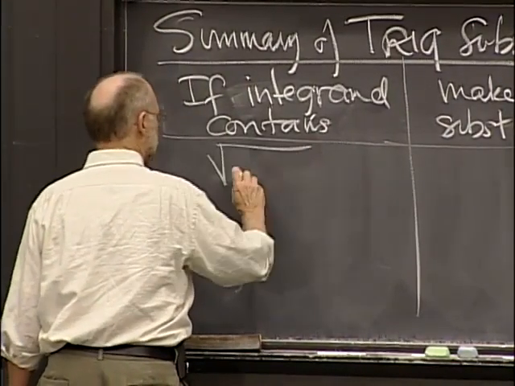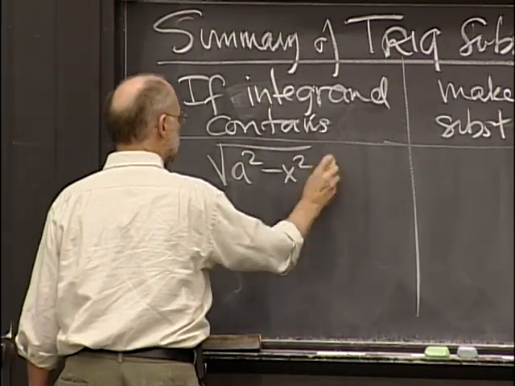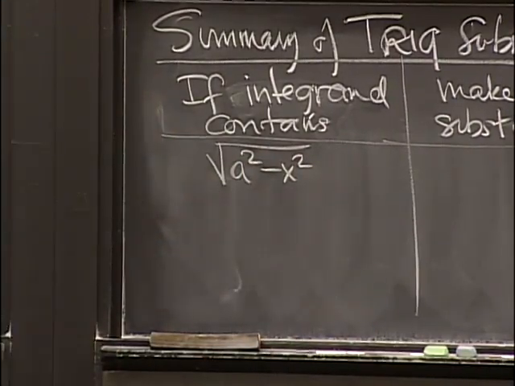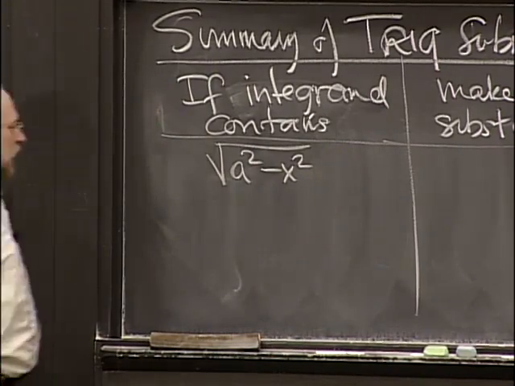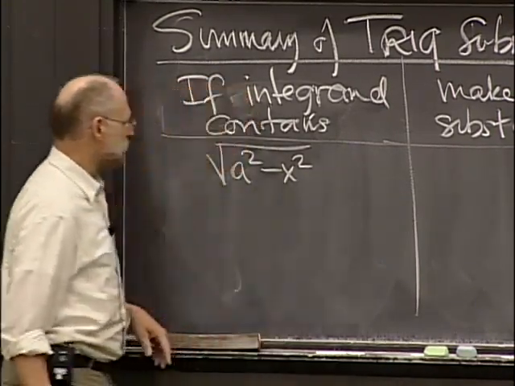If it contains the square root of a squared minus x squared, this is what we talked about on Thursday when I was trying to find the area of that piece of a circle.